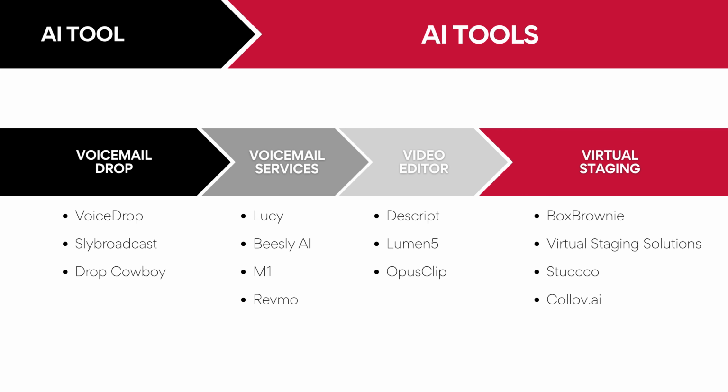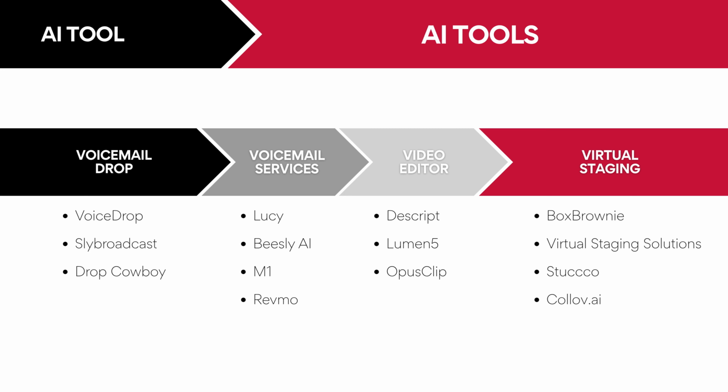There are several that I know about. There could be others, but these are the best of what I found. So there's Voice Drop, there is Sky Broadcast, there's Drop Cowboy. Then you have voicemail services. So there's Lucy, there's Beasley AI, there's M1, there's Revmo.